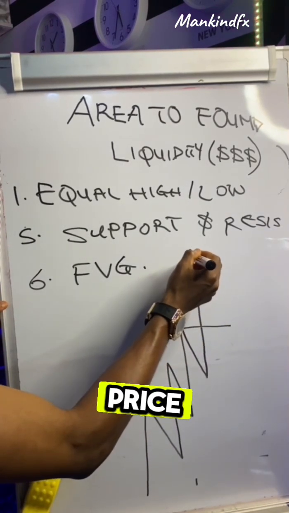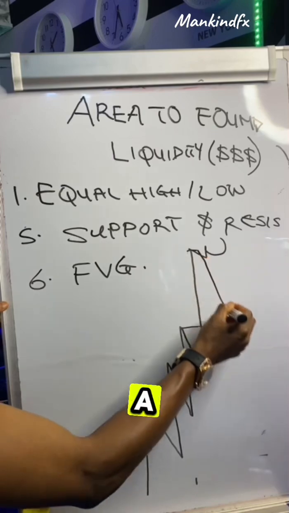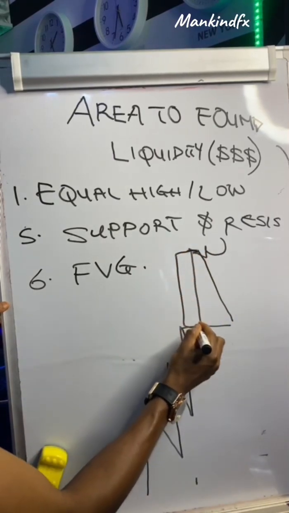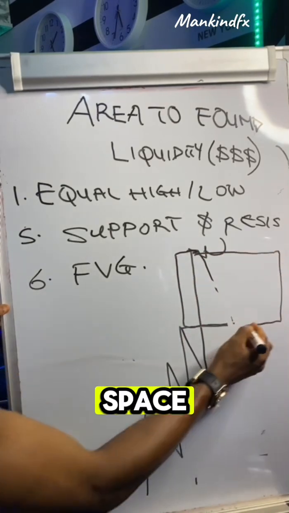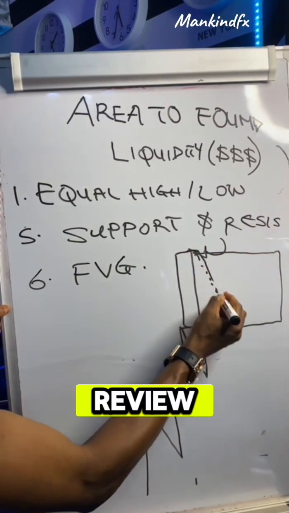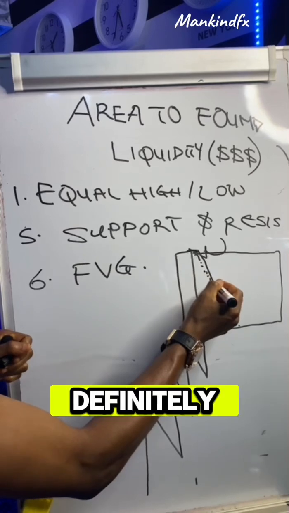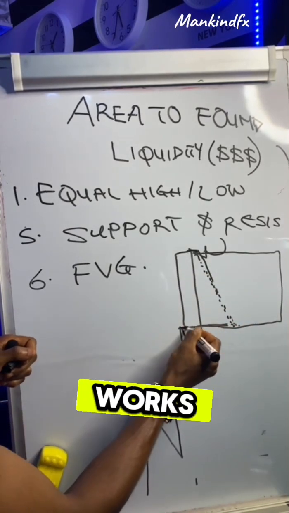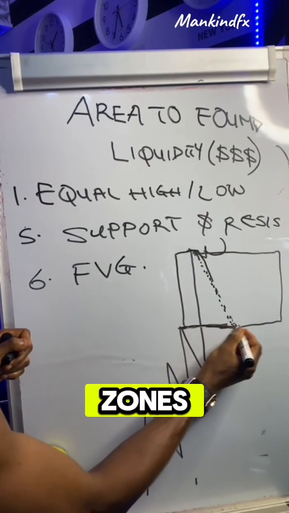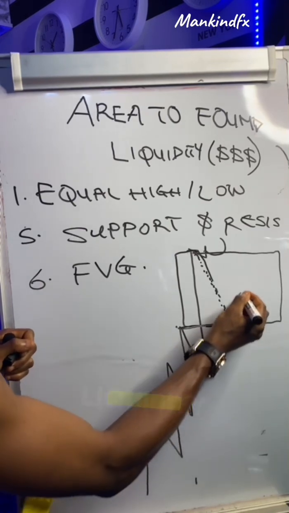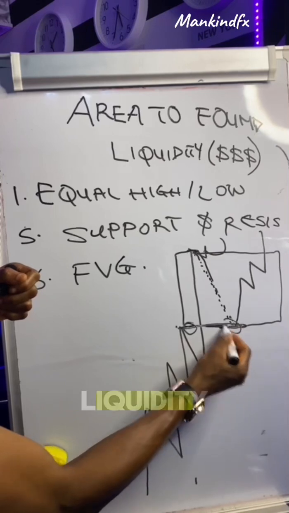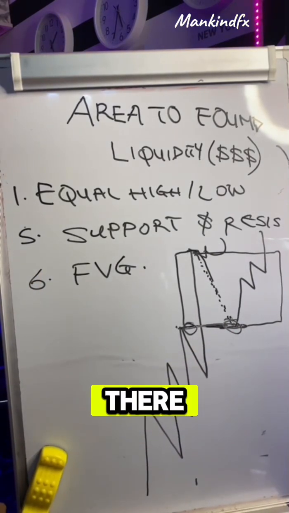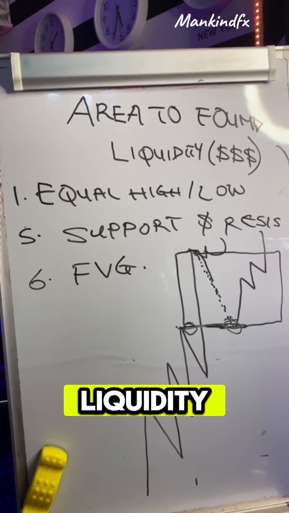We are expecting price to refill this entire zone here. This is our imbalance, this is our space. So we expect price to come back and refill this space before going up. If price comes back somewhere around these zones, there are a lot of buyers in these zones. So this area can be your liquidity zone, right? In your imbalance, liquidity zones are there. That is the sixth area where you can find your liquidity.